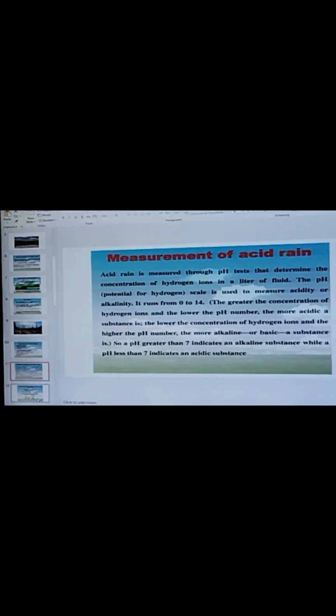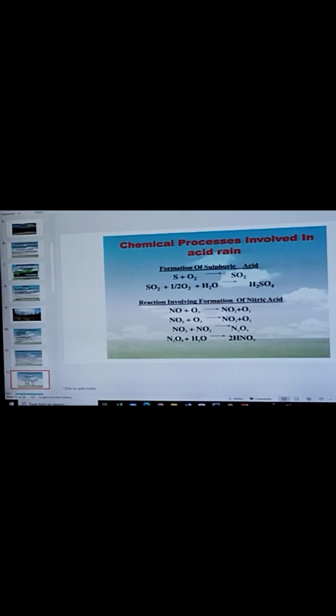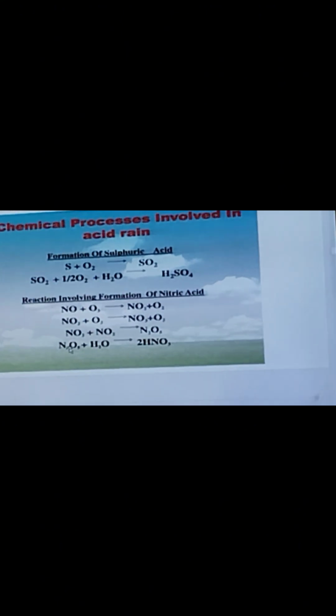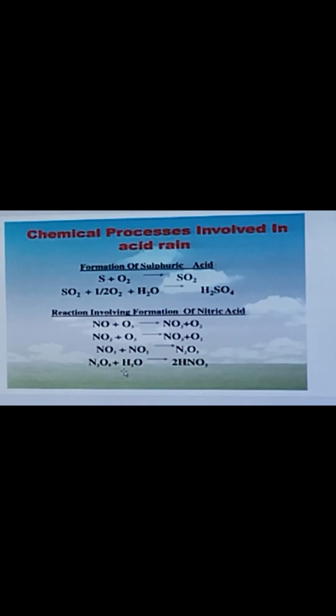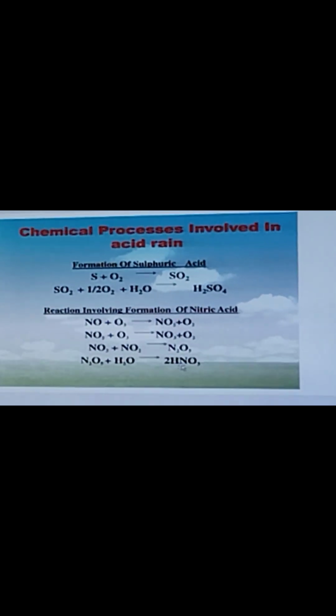Measurement of acid rain is by pH meter, as well as you can measure it by the litmus paper. So easily you can do this. And then this is a chemical reaction, how sulfur dioxide is converted into sulfuric acid, and nitrogen and H2O are converted into nitrous or nitric acid.